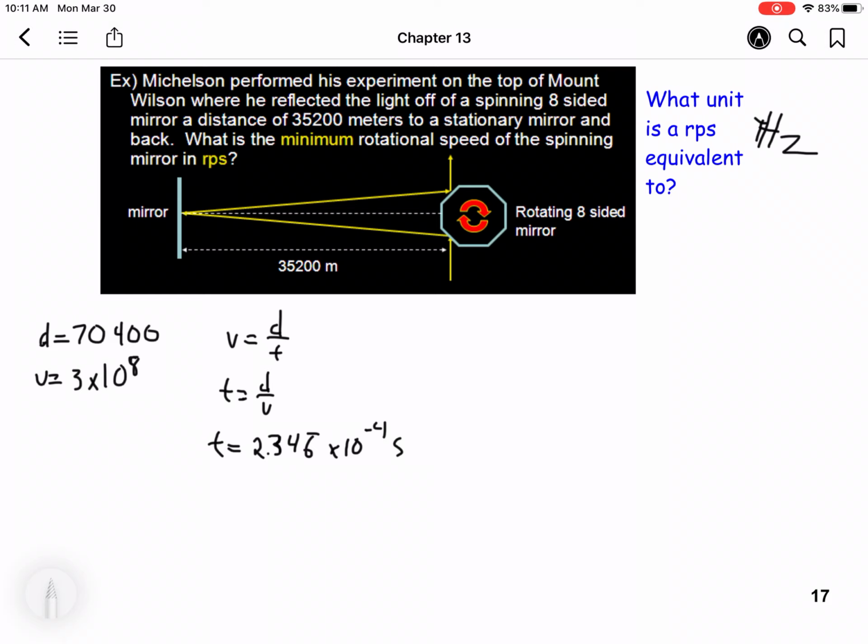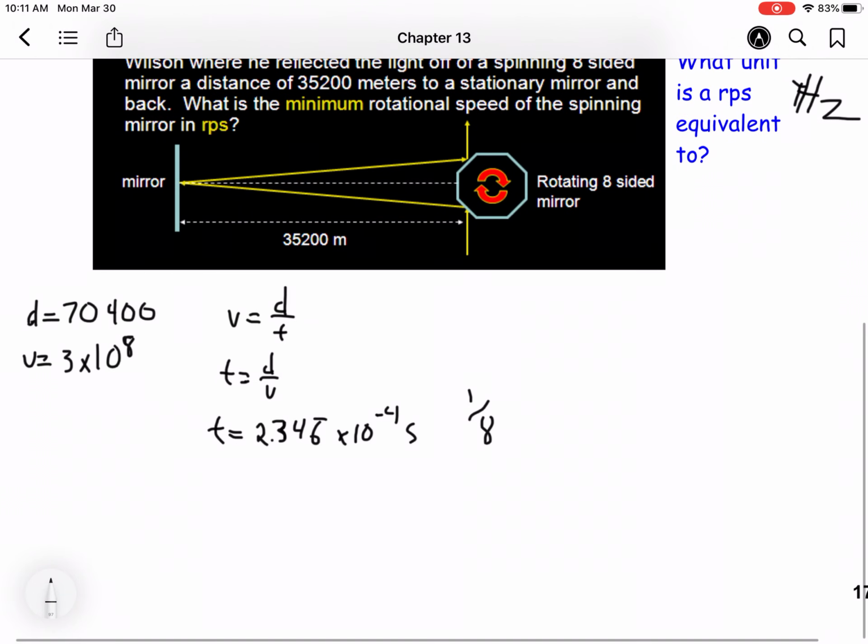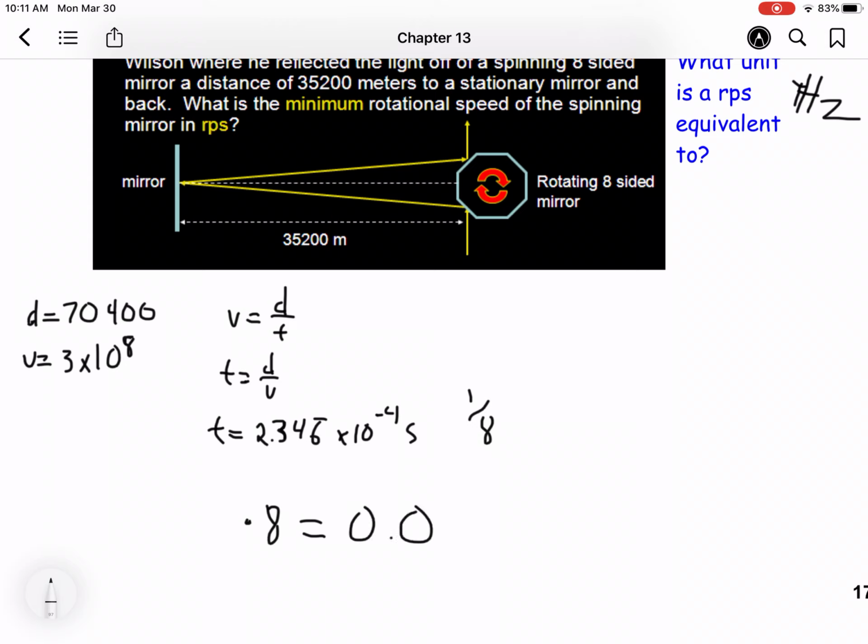Now, that is for it to rotate. This is 1/8 rotation. It only has to rotate 1/8 of a rotation. So I'm going to take that number and times it by 8 to give me a full rotation. It'll take 0.000187733 seconds for one rotation.